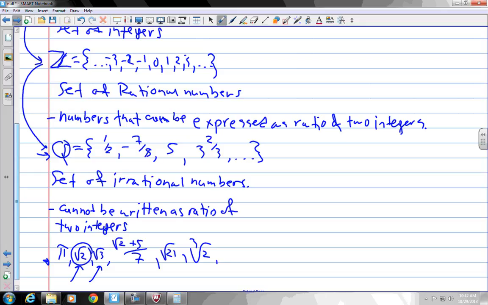I'm not going to get into the details, but I can almost count them. I can almost put my fractions in order. I can come up with a way to say, you're going to be the first fraction, you're going to be the second fraction. I'm not saying that you're bigger or smaller. But I can at least put you in some kind of a weird order all the way through all of them, really. I won't be able to do it with those guys. It will fall apart.